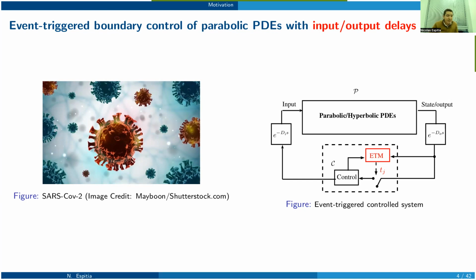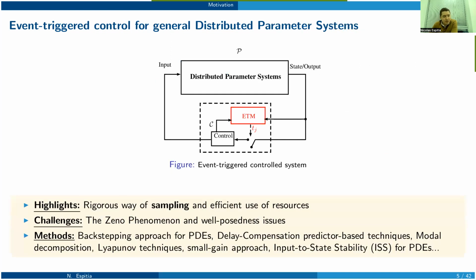So we see that there is a clear need to compensate for the delays, to account for the delays, and this really motivates the application of a PDE setting and delay compensation. I really think that there are a lot of opportunities, not only for delay compensation in distributed parameter systems, but even event-triggered control for distributed parameter systems.